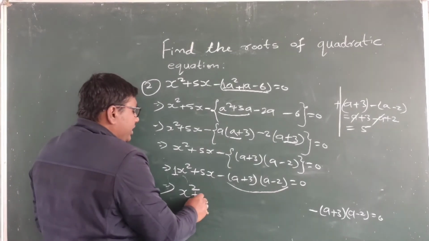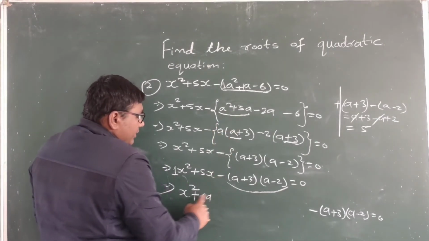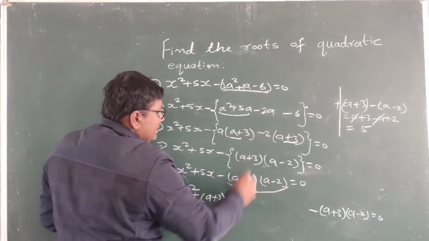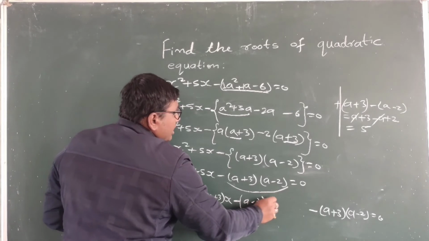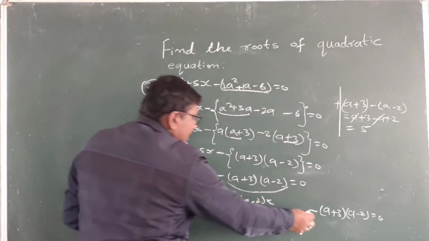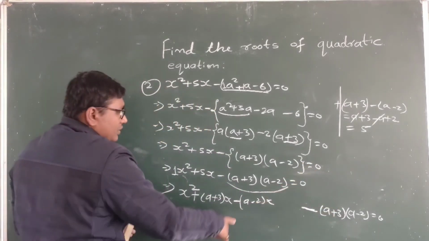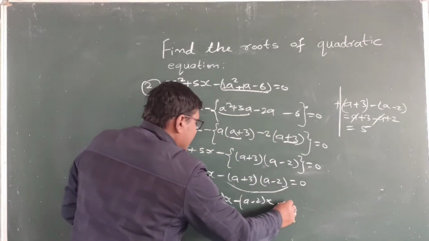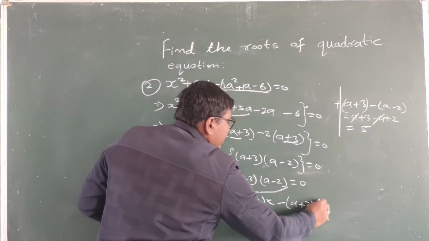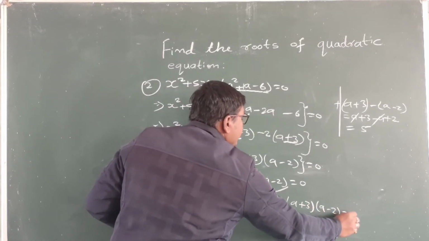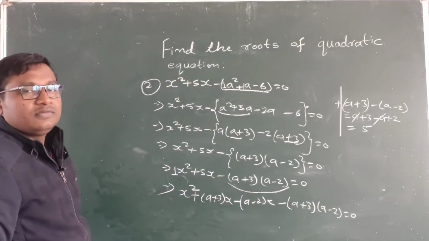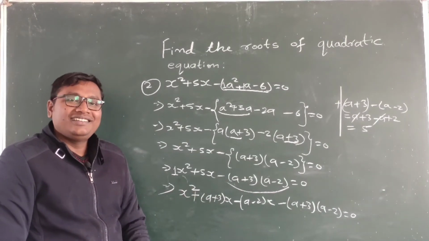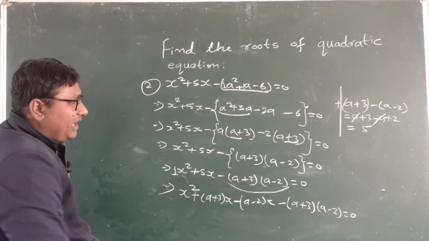So we are doing here a plus 3 with x, and with the minus sign, a minus 2 with x. The last term remains the same. So I think up to here it is clear. Now I am proceeding.